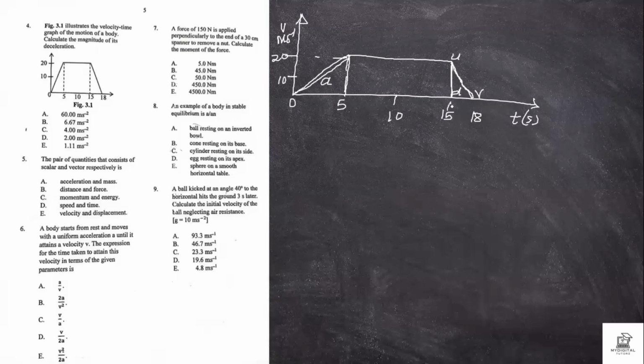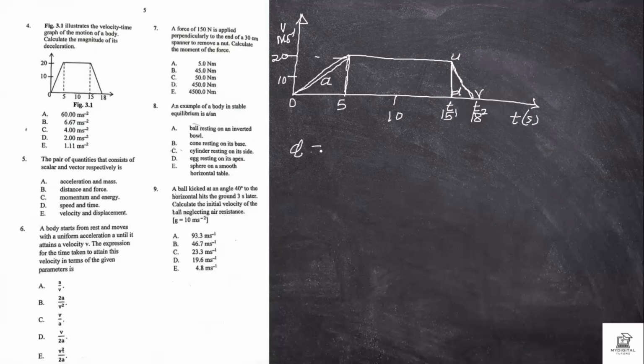So here is your initial time, I can call this one T1. Here is your final time, I call it T2. So remember, the difference between acceleration and deceleration is that deceleration is a decrease in velocity, while acceleration is an increase in velocity. So deceleration is a negative of acceleration. So the formula still remains the same.